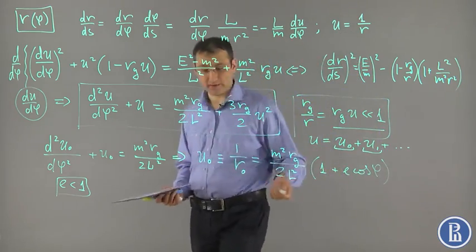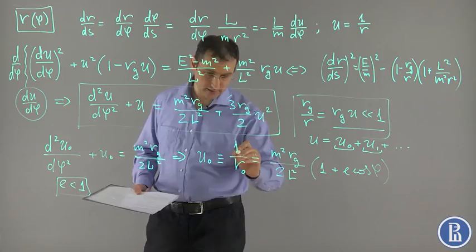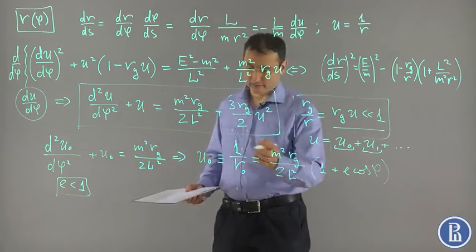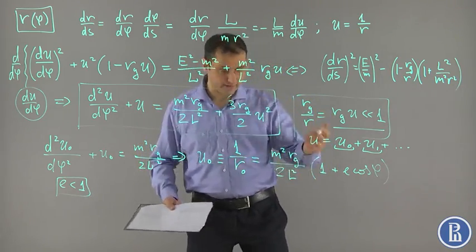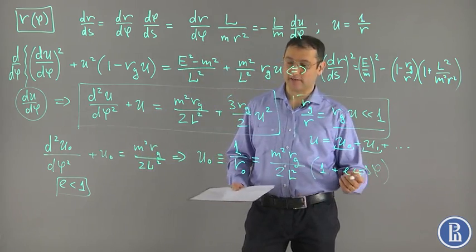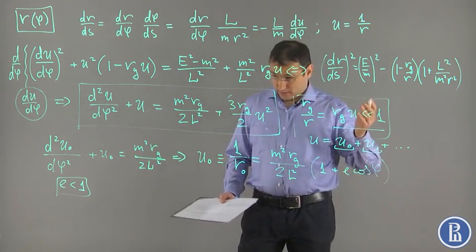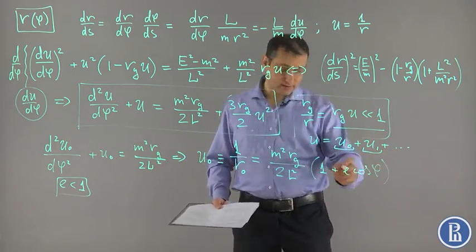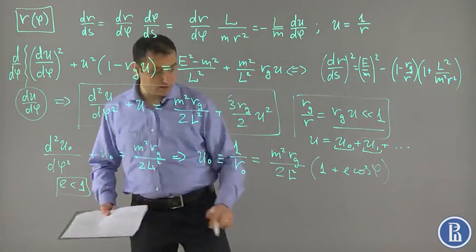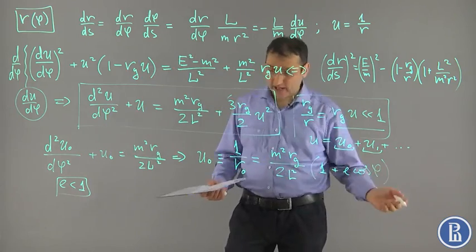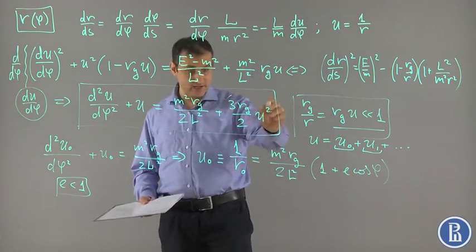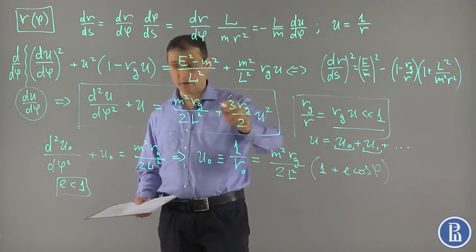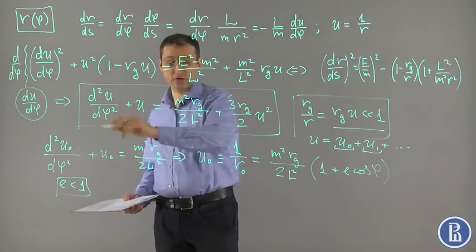So these are three types of motion in the central Newtonian force in classical mechanics. But the closed trajectories, which are of interest for us, correspond to e less than 1. In this case, this is just an ellipse. Indeed, when we drop off this term, we reproduce the Newtonian limit.